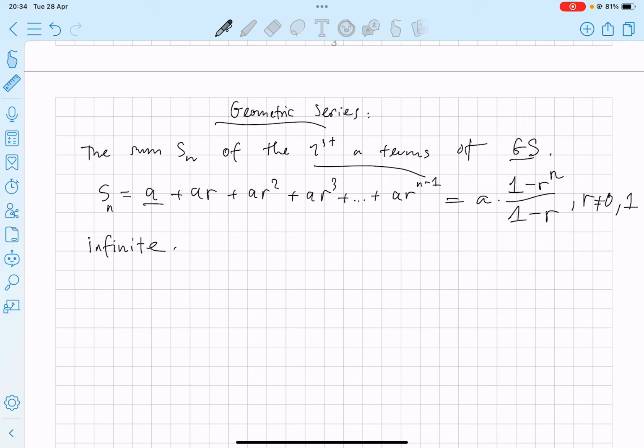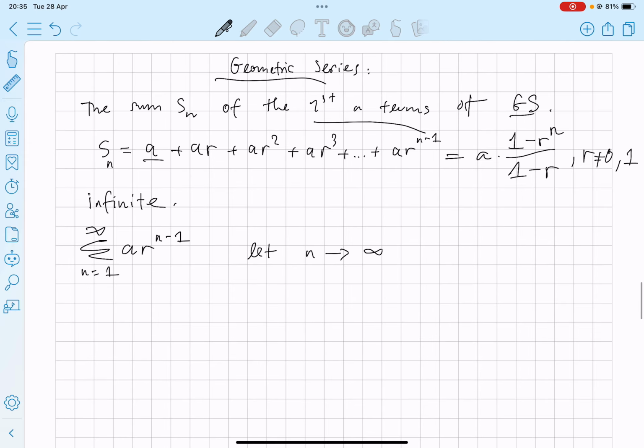So we have sigma of a r to the n minus 1 from n equal to 1 to infinity. Okay, so now we let n approach infinity in s sub n equal to a times 1 minus r to the power of n over 1 minus r.